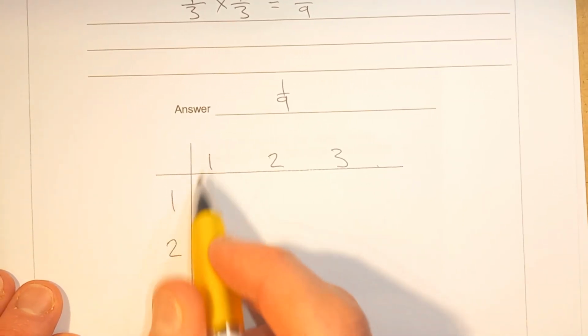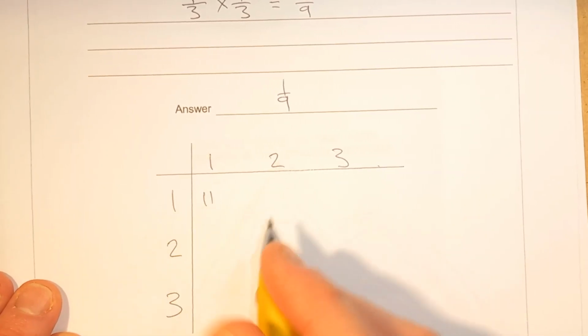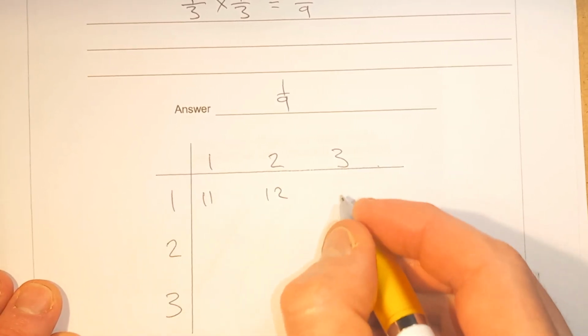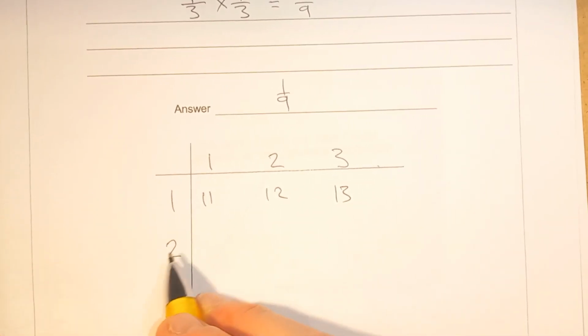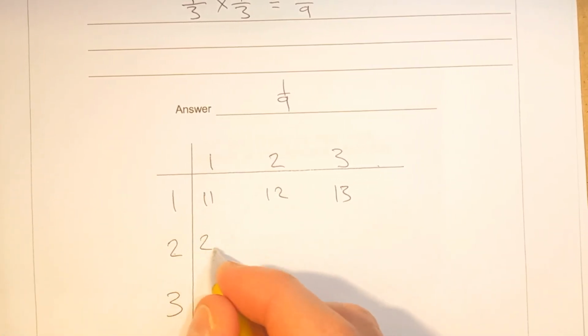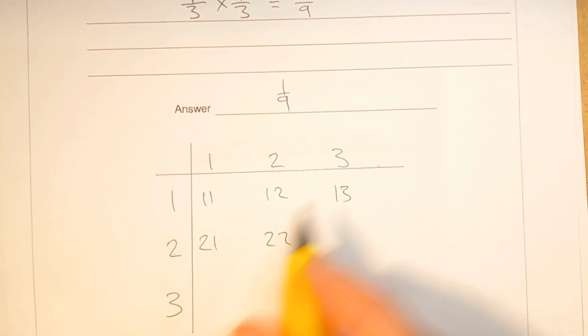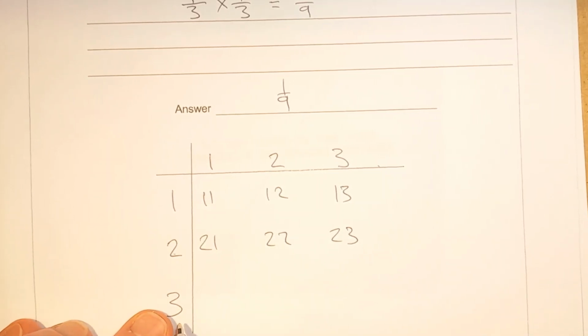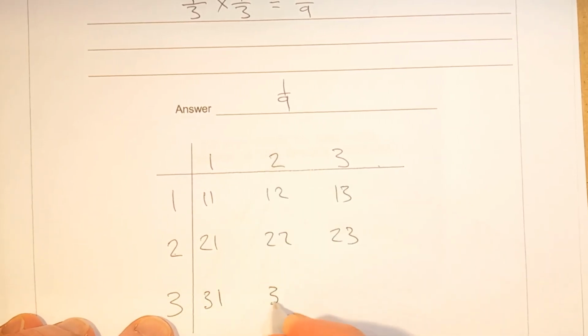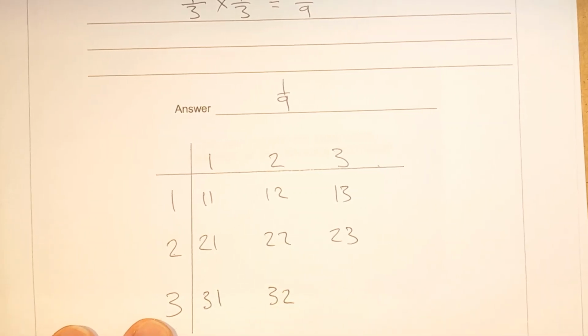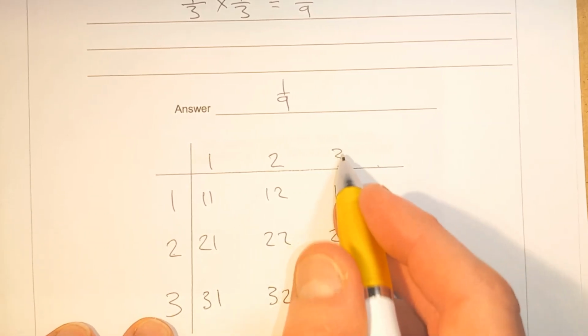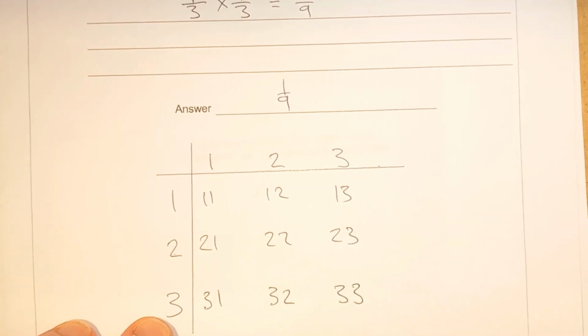So that means you could either pick the first and the first answer, the first and the second answer, the first and the third answer, or you might pick the second answer from this question, the first from that question, the second and the second and the third, or you might pick the third answer from the first question with the first answer of the second, the third answer of the first question with the second answer of the second question, or the third answer of the first question with the third answer of the second question.